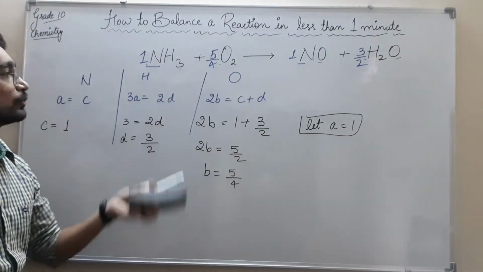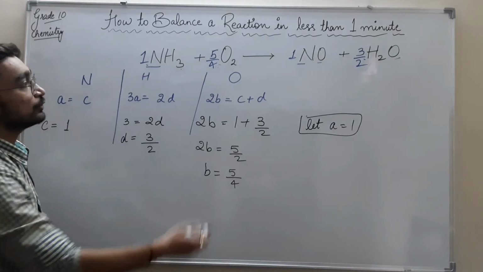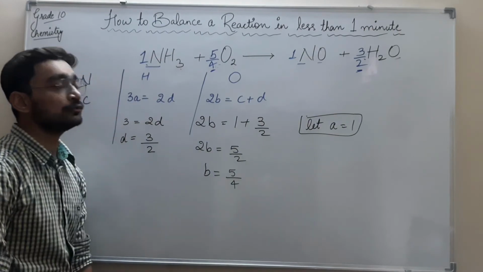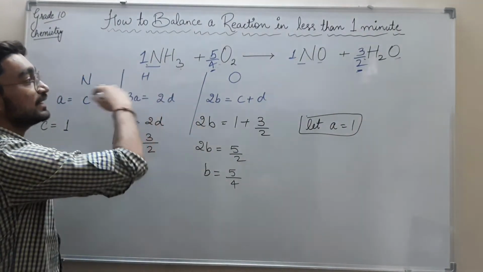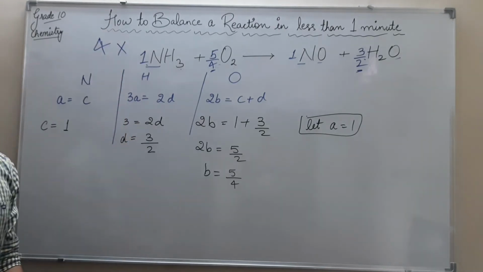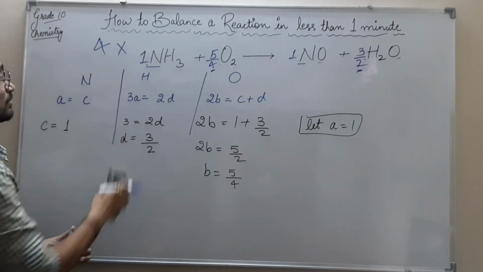But you can see that I don't want these fractions. These fractions are not looking good at all. So what I will do, I will take the LCM of 4 and 2. What is the LCM of 4 and 2? 4. I will multiply this complete equation by 4.